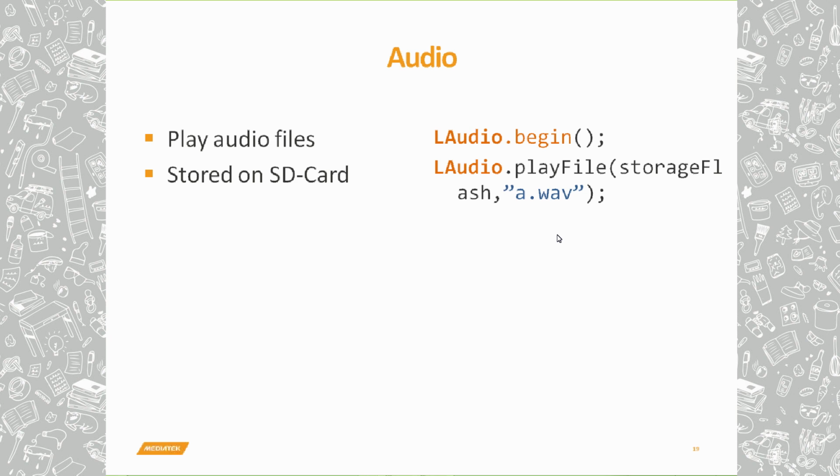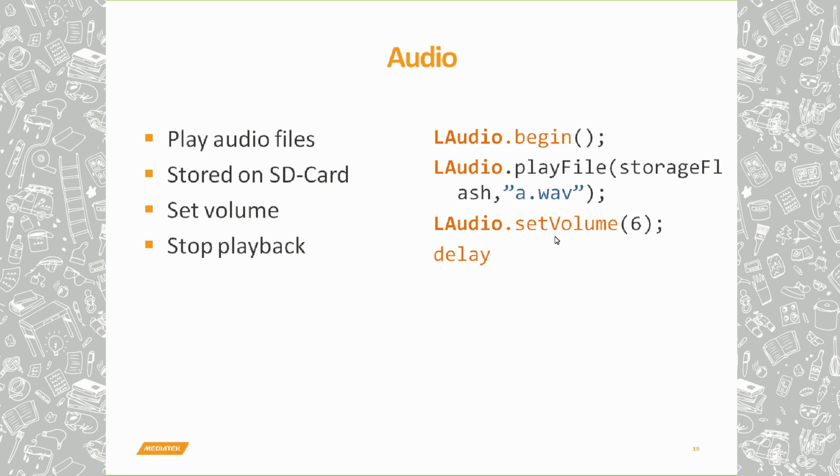You then also can set the volume level from 0 to 6. So 6 is the highest. And you wait as long as it takes to play the file, and then you stop the playback. Again, in a few lines of code, you achieved music playback.